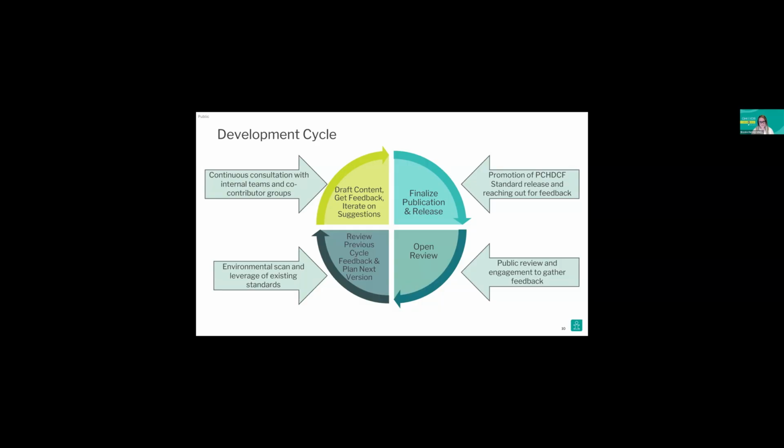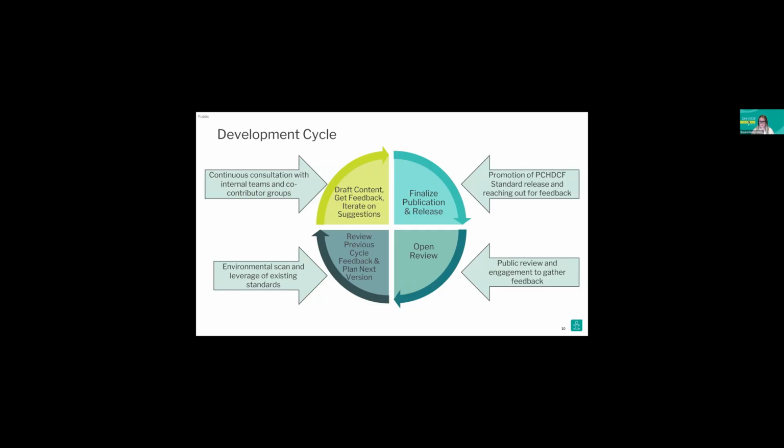And from there, the content moves into open review, which takes place for 60 days, typically from September to November. This creates an important opportunity for broader public review and engagement by inviting feedback from health system partners, subject matter experts, implementers, and others who may use or be affected by the standard. Open review helps to validate the proposed content, identify gaps or concerns, and bring in perspectives from different settings and jurisdictions.